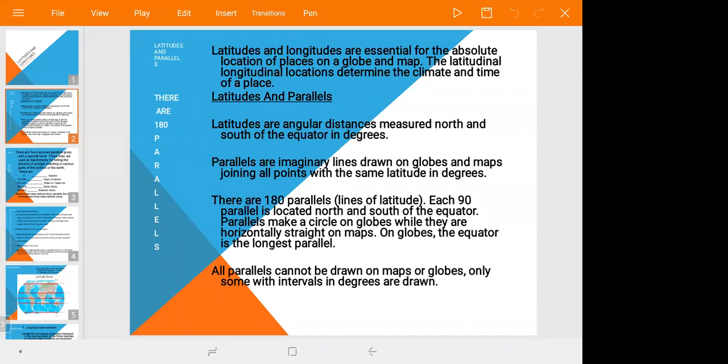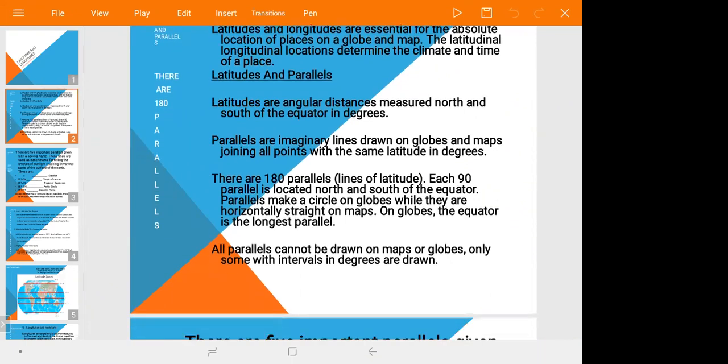When you see these lines of latitude or parallels on a globe, they make circles. When you see these parallels on a map, they make horizontal straight lines. On a globe, they are circles; on a map, they are straight horizontal lines.